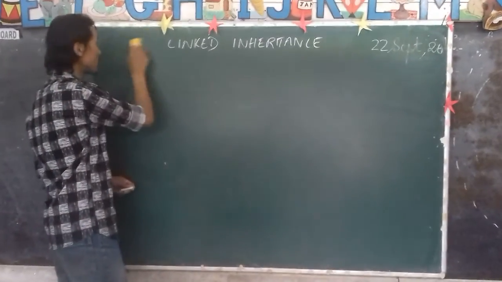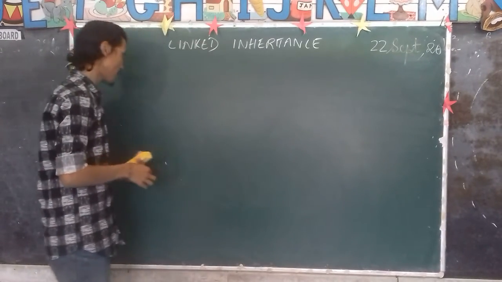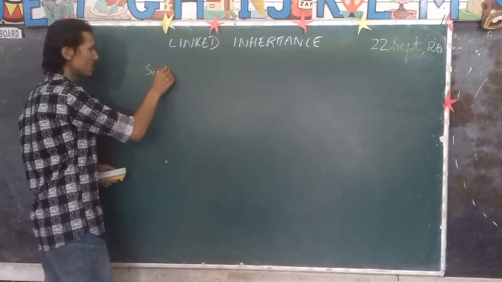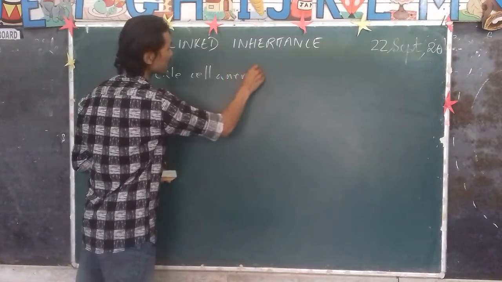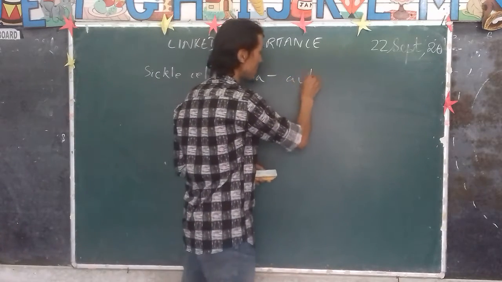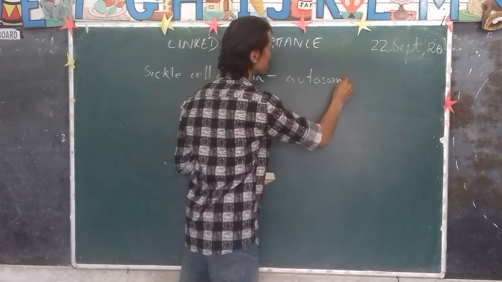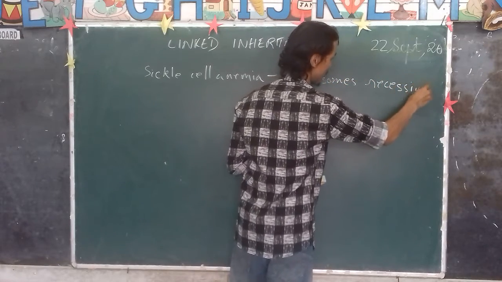There are also other inherited disorders, for example sickle cell anemia. It is not due to sex chromosomes, but rather due to autosomes, and it is also a recessive condition.